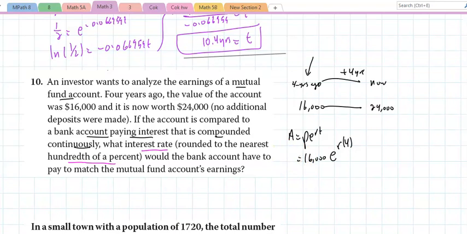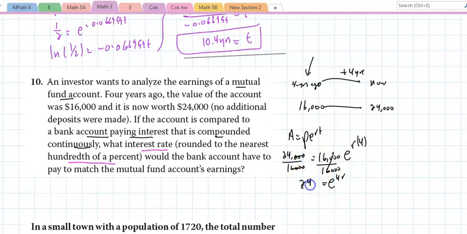That's simple if you just get really comfortable with filling in the blanks. What kind of an equation is that? That's an exponential equation. Isolate the exponential by itself. e to the 4r equals, the zeros cancel out.